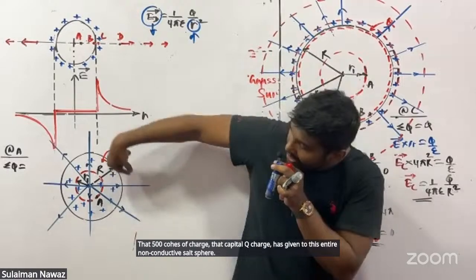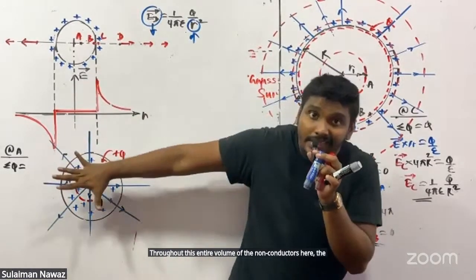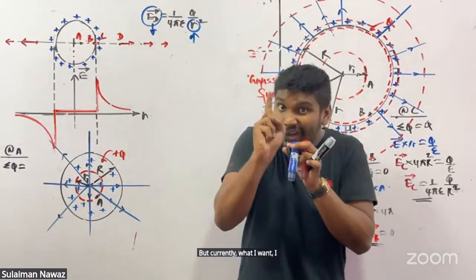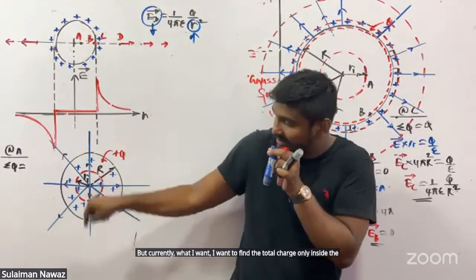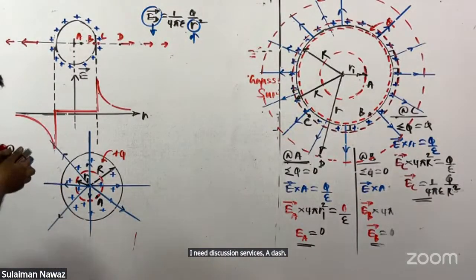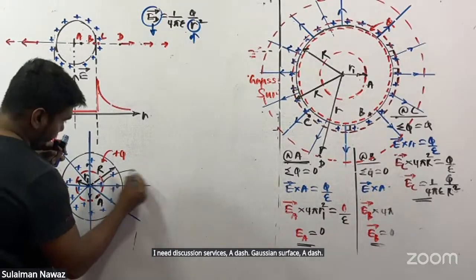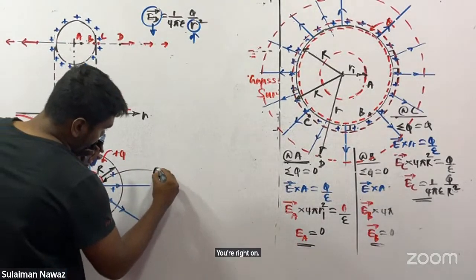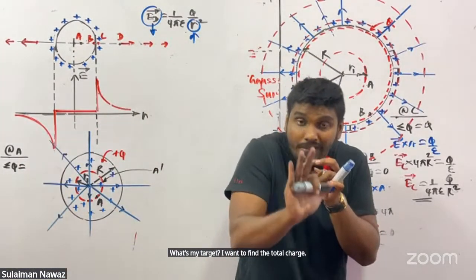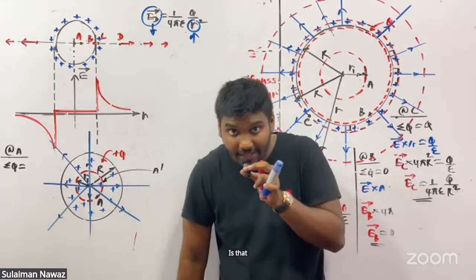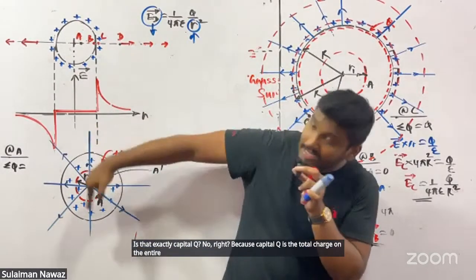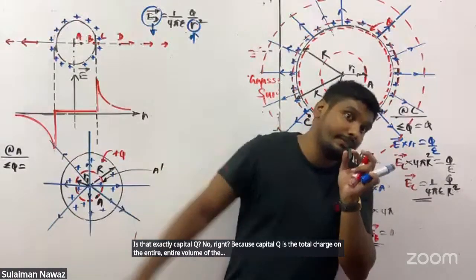Throughout the entire volume of the sphere, the total charge is capital Q. But currently I want to find the total charge only inside the Gaussian surface A dash. Is that exactly capital Q? No, because capital Q is the total charge on the entire volume of the non-conductive sphere.